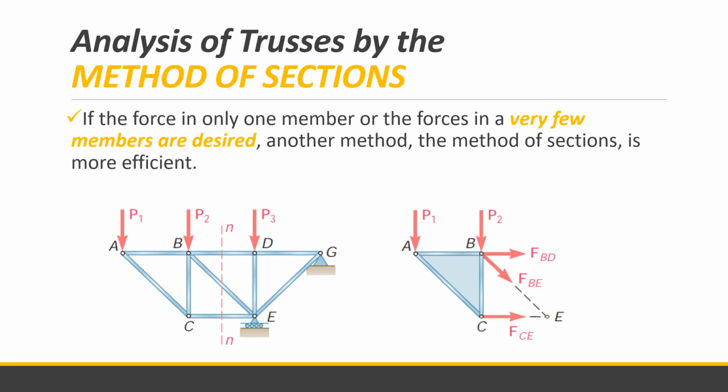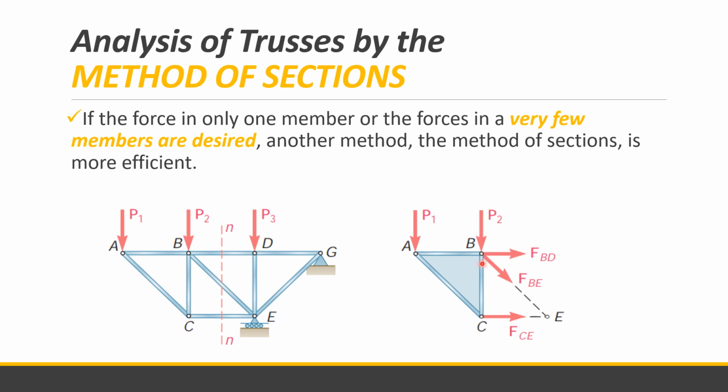Cutting the section here, you will have the forces FBD, FBE, and FCE. Usually, when using the method of sections, our first assumption for every force on the cut members is that the forces are in tension, or in compression.